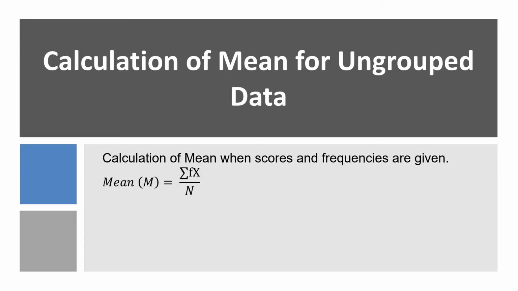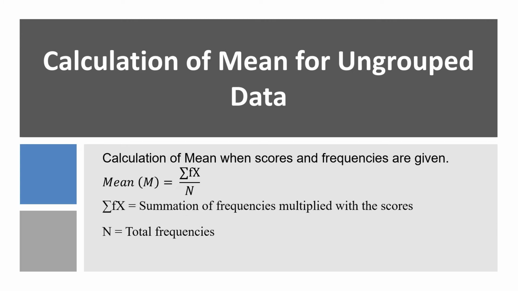The formula we can use is M = ΣfX / N. Here ΣfX is the summation of frequencies multiplied with the individual score. So you have to multiply frequency with the individual score, then add it, then divide by the total frequencies.